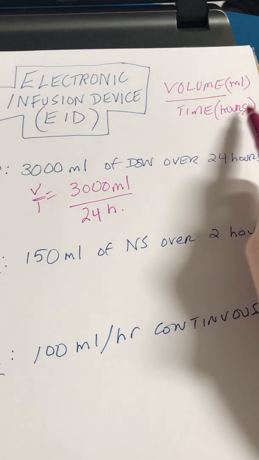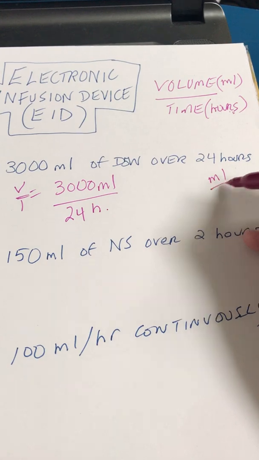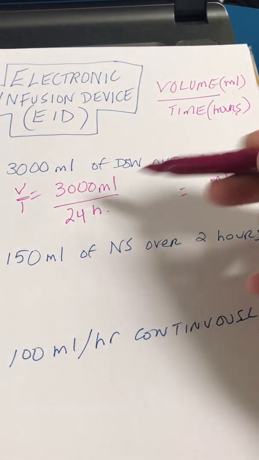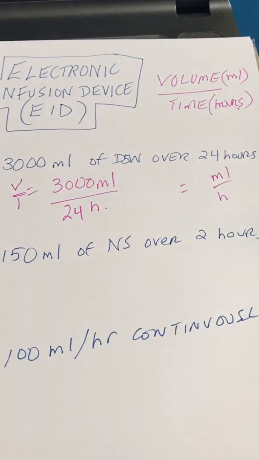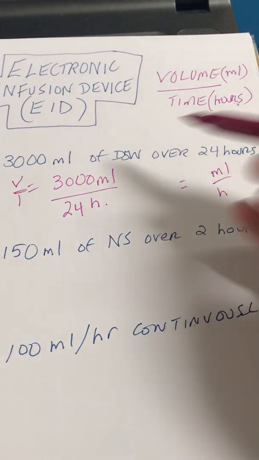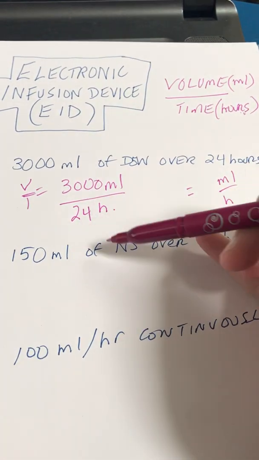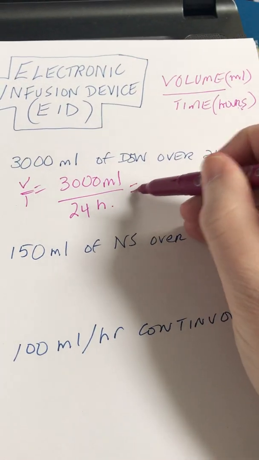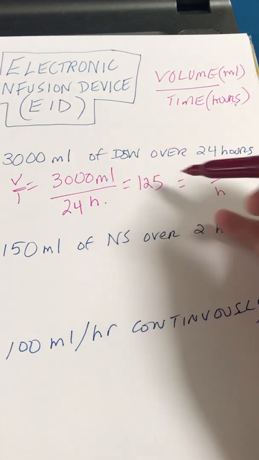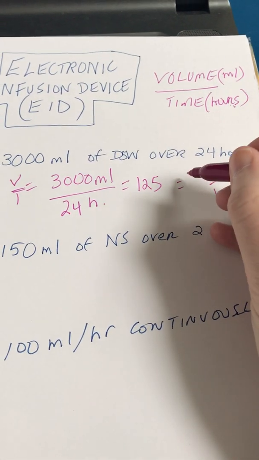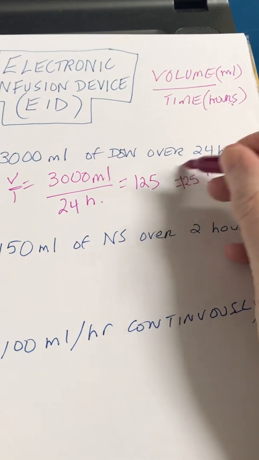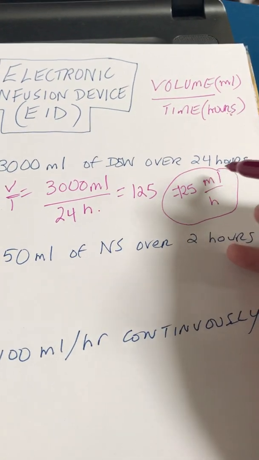I'm going to end in milliliters per hour. So it's already set that way, right? I don't have to cancel anything out, do conversion factors, nothing. So I literally just divide 3,000 by 24. And if my math is right, it's 125. So that's 125 milliliters per hour.